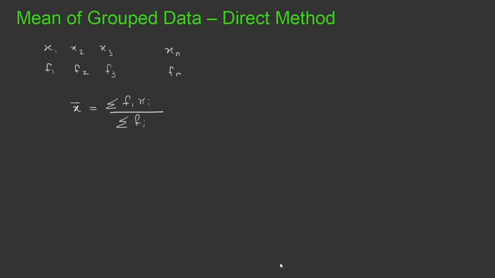Now, our aim in this video is to find mean of this group data. To calculate the mean of group data, we need to get an xi from the data.